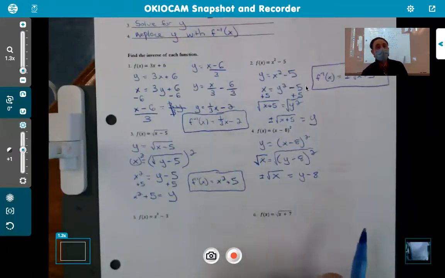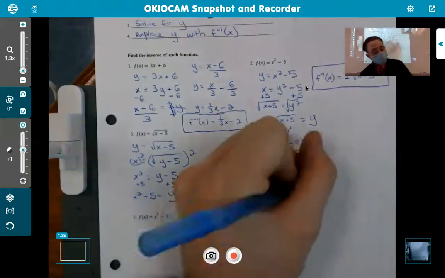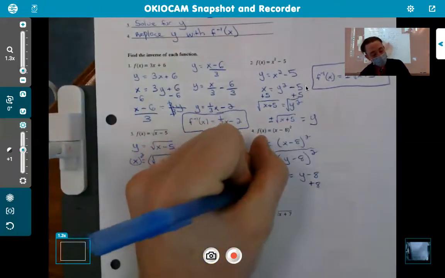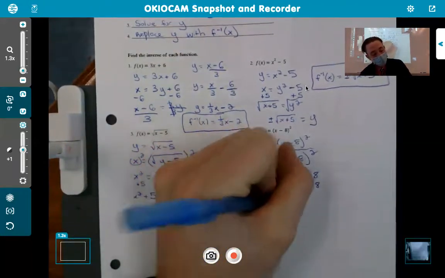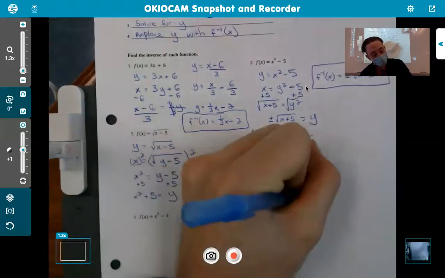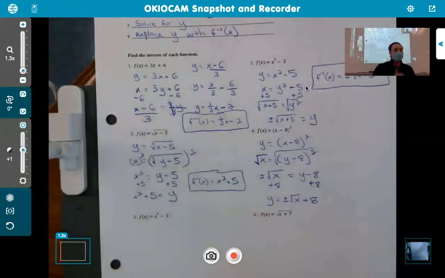How do I get y by itself? Plus 8 on both sides. So I'll have y equals plus or minus the square root of x plus 8. Now, one thing to keep in mind: when you're combining that 8 to the other side, you're not adding it inside your square root. So make sure that you leave that as 2 separate terms, right? You can't include it under your square root.